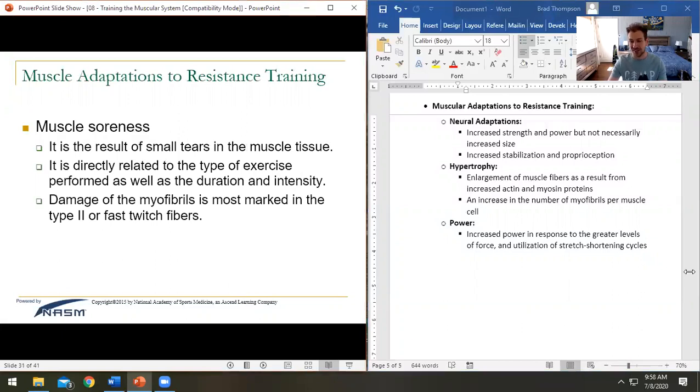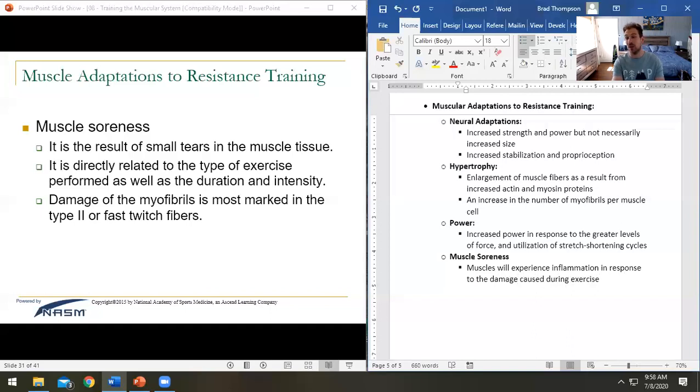Now, there are other things that are going to occur here, such as, again, muscle soreness, right? So we're back to talking about that DOMS. So muscle soreness. I did it again. I forgot the E. So muscles will experience inflammation in response to the damage caused during exercise. Okay, so you're going to experience little micro tears within your muscles, right?